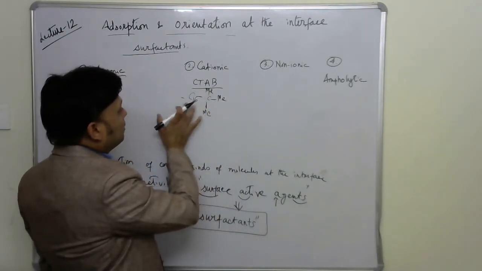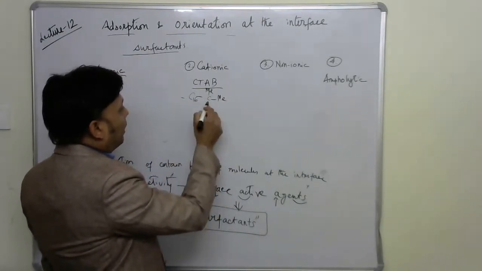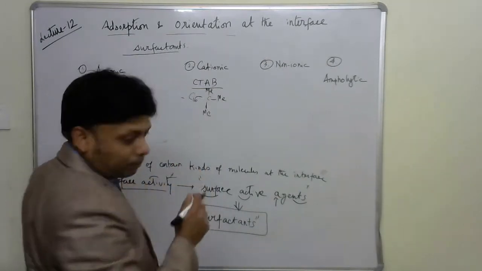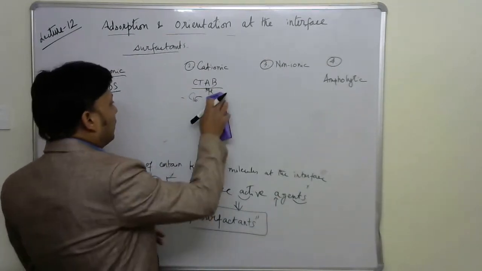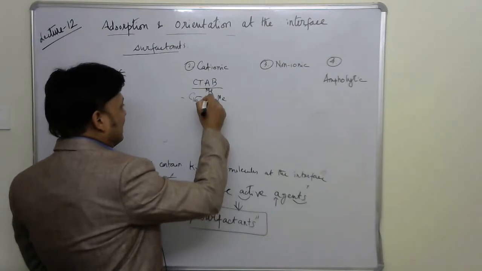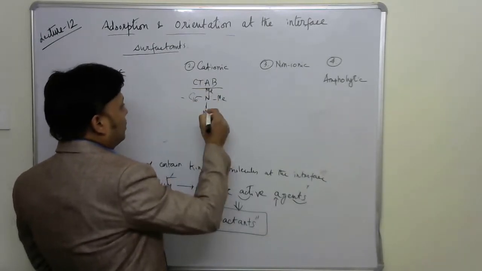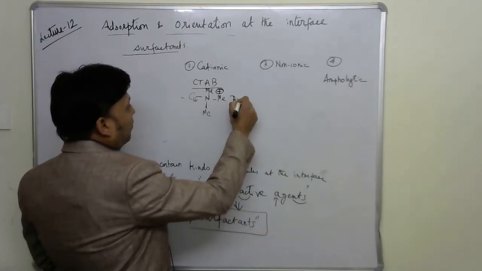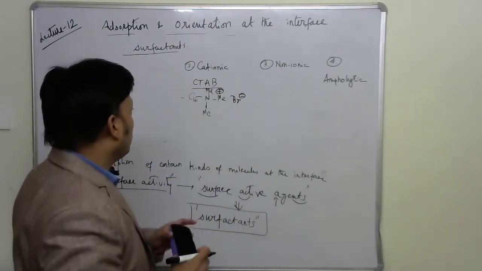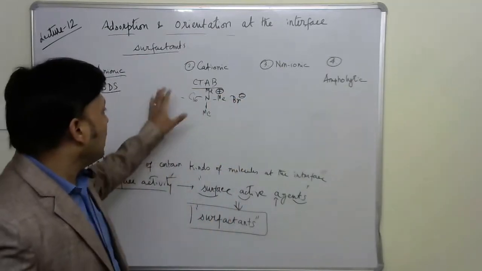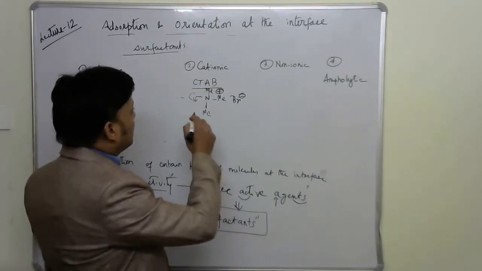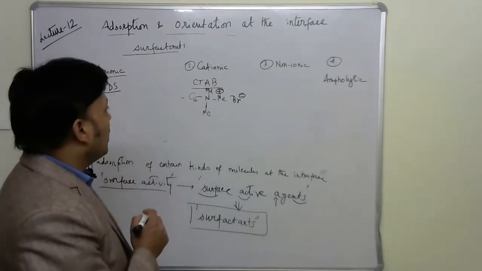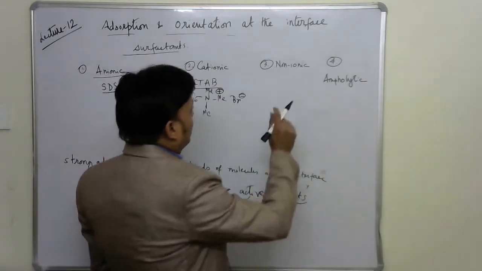The center atom is nitrogen, so obviously it is positive, plus bromide, Br minus. That's why we call it cetyl trimethyl ammonium bromide, CTAB. It's a cationic surfactant. And then we have non-ionic surfactants.